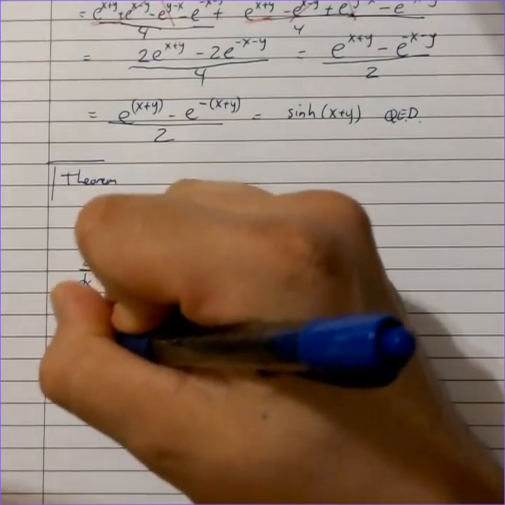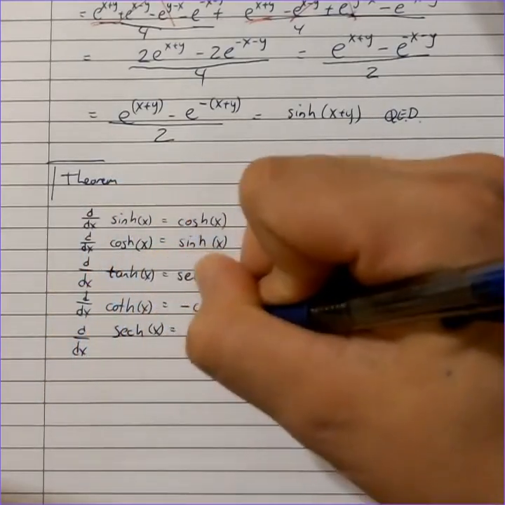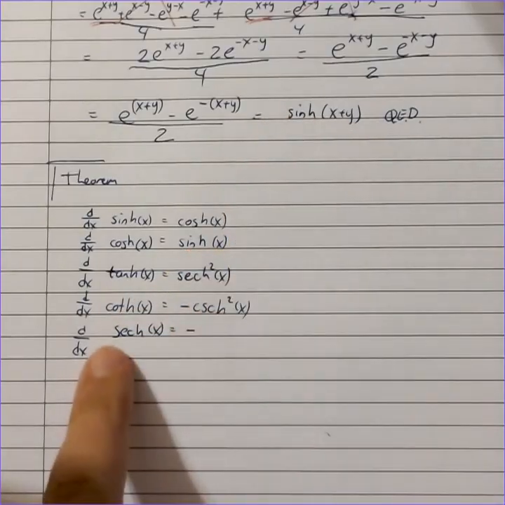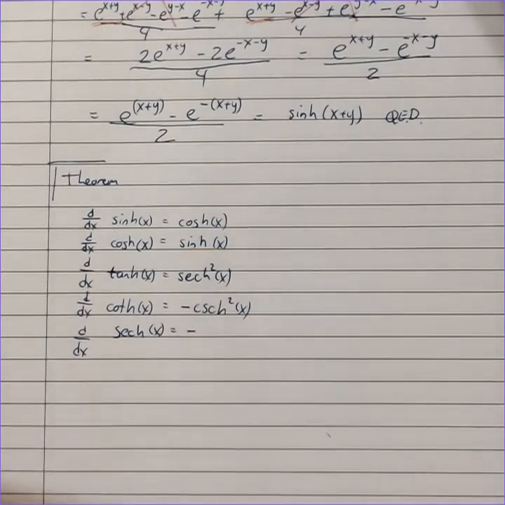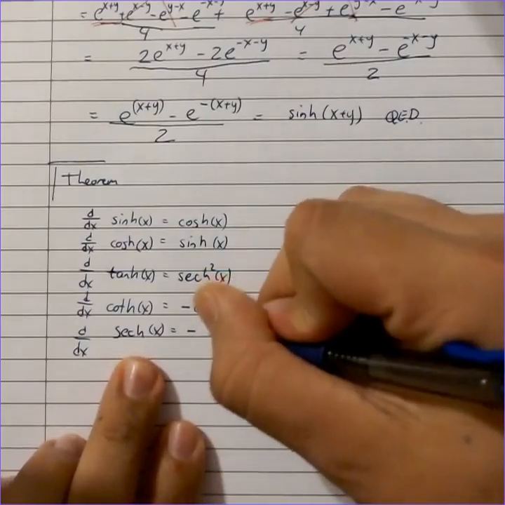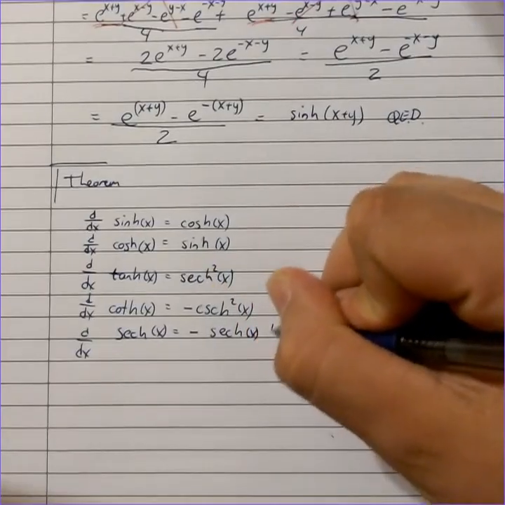The derivative with respect to x of the sech function, the hyperbolic secant, is going to be almost the same as you remember from regular trigonometry. The derivative of the secant of x is the secant of x times the tangent of x. Here it's almost exactly the same, except it's the negative thereof. So it's going to be the negative hyperbolic secant of x times the hyperbolic tangent of x.